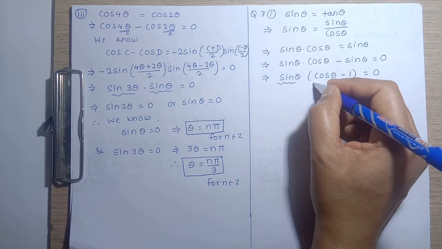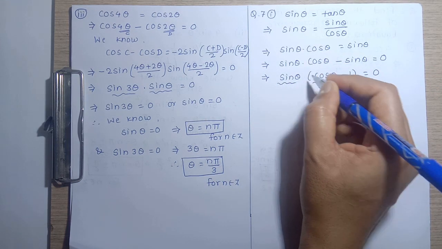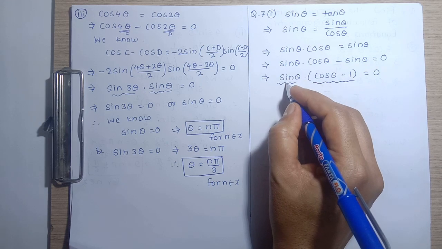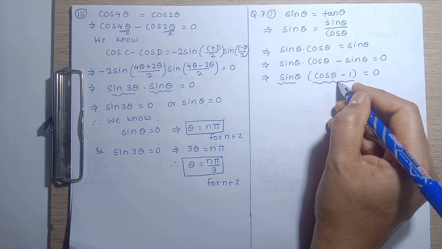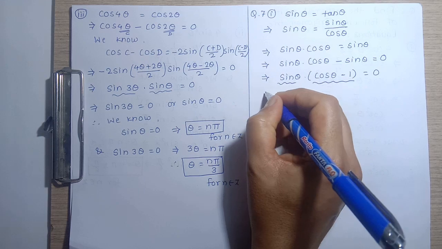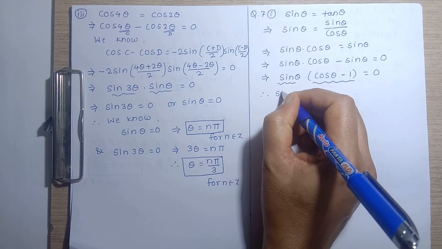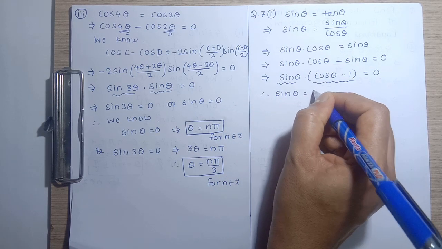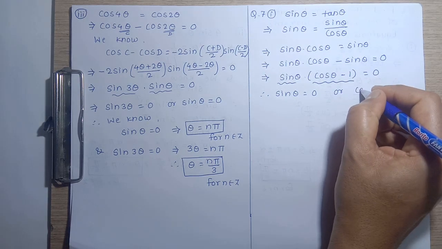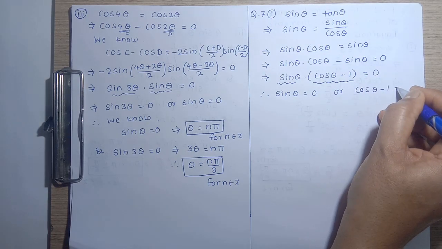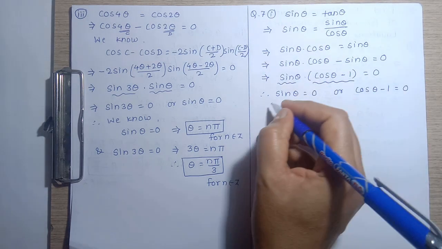Here again the product of these two terms is 0, which implies either the first term is 0 or the second term is 0. Therefore, we write either sin theta is equal to 0 or cos theta minus 1 is equal to 0.